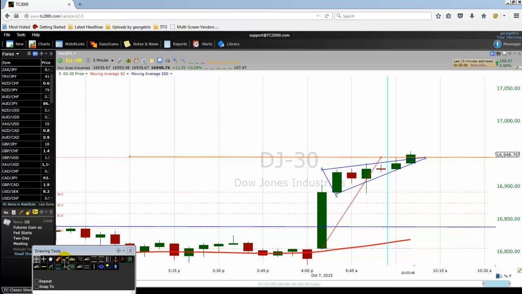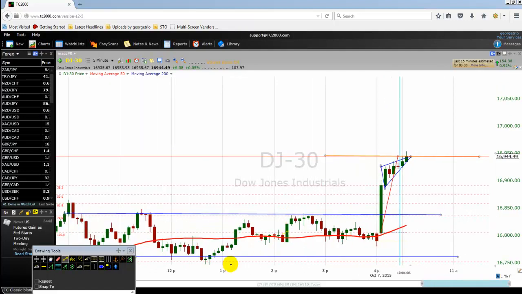I would prefer to buy, like I showed you, if it dips below the top of the consolidation and comes out. That would be a better place. Or if the price forms a higher low above the consolidation. You see the consolidation on the 5-minute time frame.